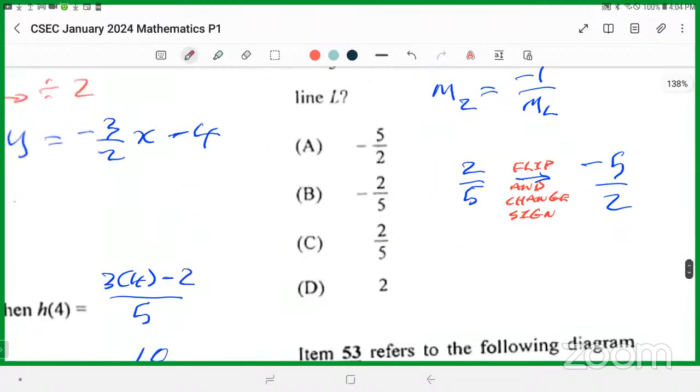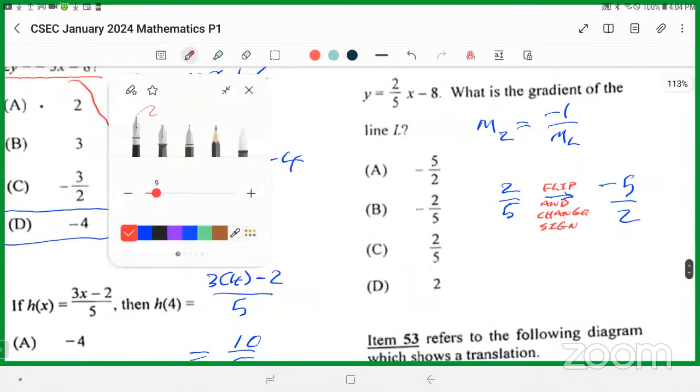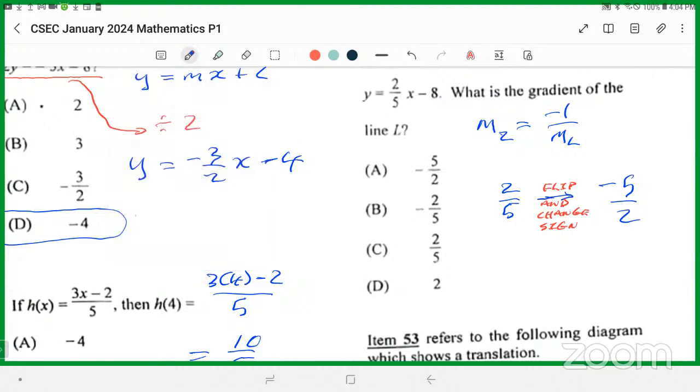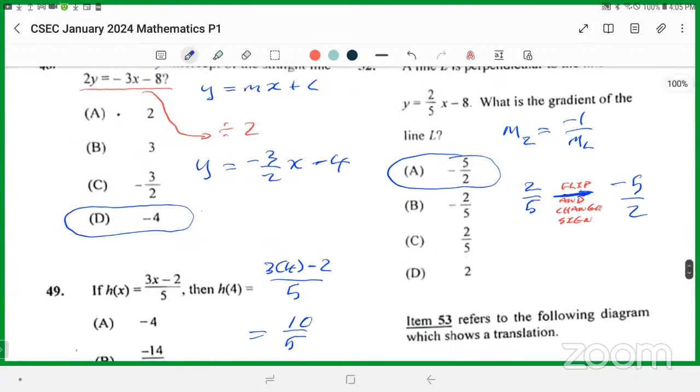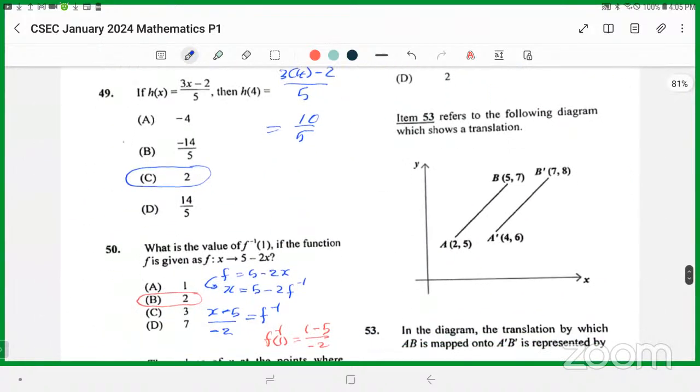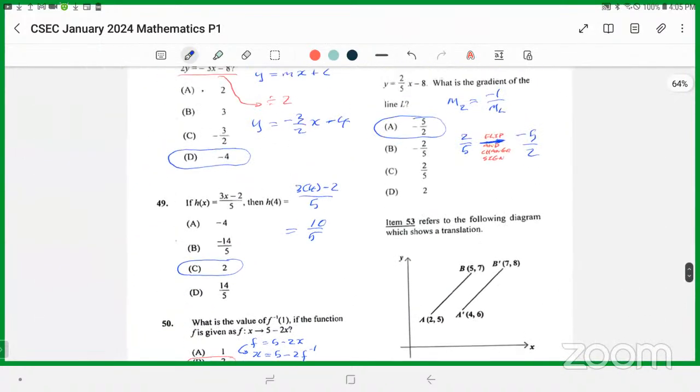That's how we go from one gradient to another gradient when they are perpendicular. Flip the one that you have and change the sign. That's what this calculation does in a quick, short way. Minus 5 over 2, this is it. So take the one that we have, flip it and change sign to get the other one when they are perpendicular. Then we come to transformation now.